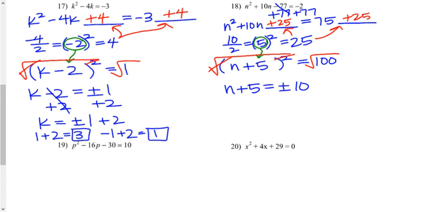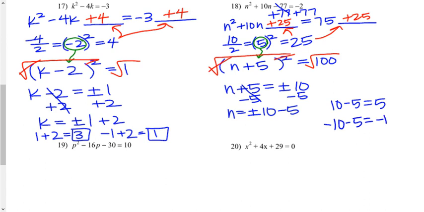And then to solve for n, finally, I'm going to subtract 5 from both sides. And I get n equals plus or minus 10 minus 5. And don't stop. I can actually do that. So 10 minus 5 is 5. And then negative 10 minus 5 is negative 15. Here are my two answers.